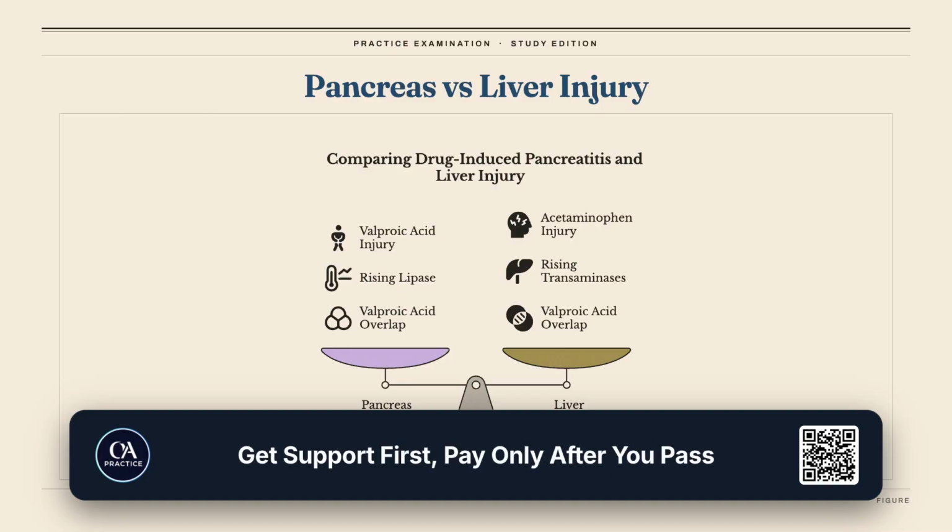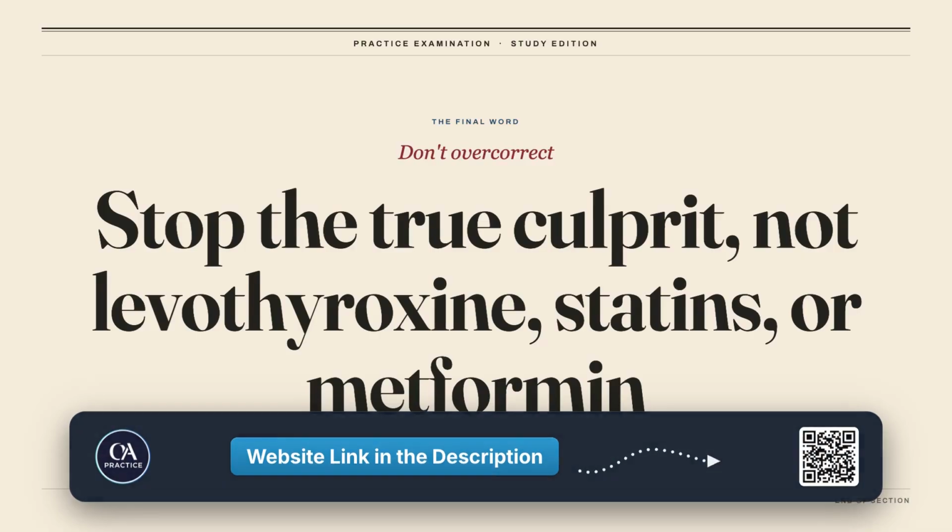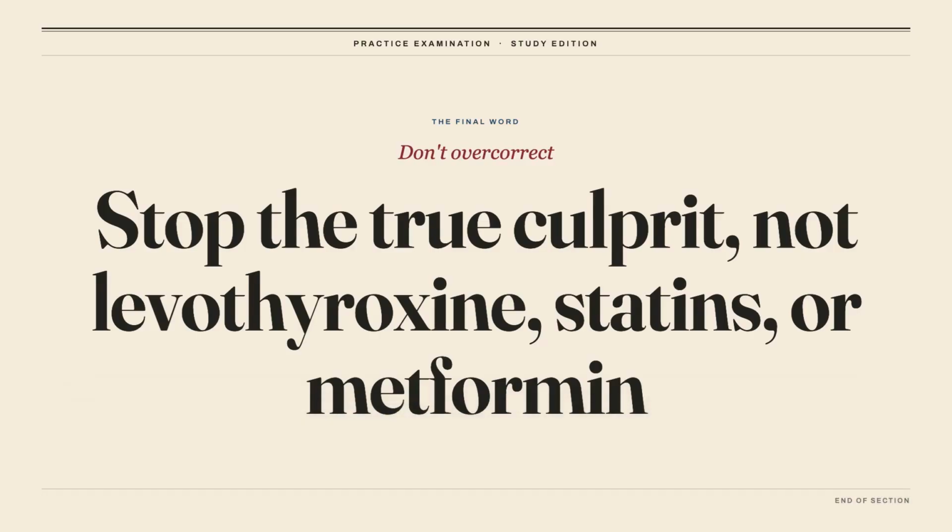Lipase points to the pancreas, transaminases point to the liver. Discipline cuts both ways. Levothyroxine, statins, and metformin are not pancreatitis culprits, and pulling them creates new problems instead of solving the real one. The nurse who correctly flags the true offending drug on admission has done more for that patient than most of the supportive care that follows.